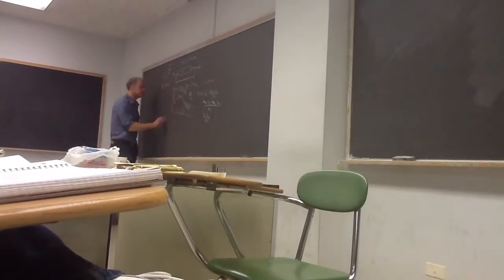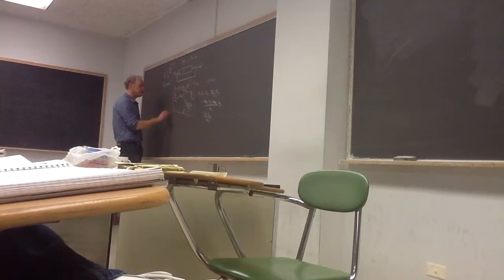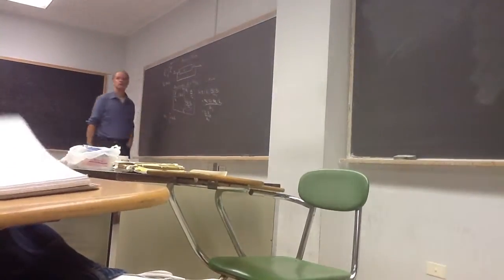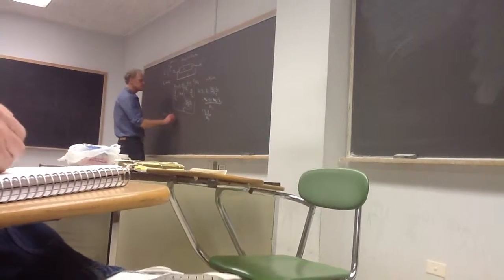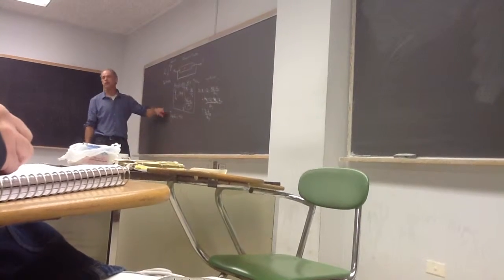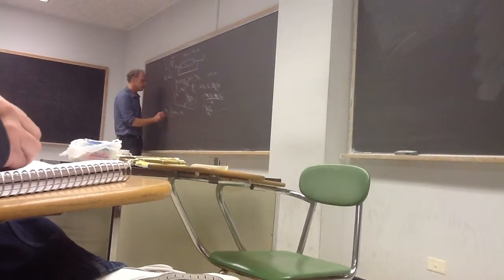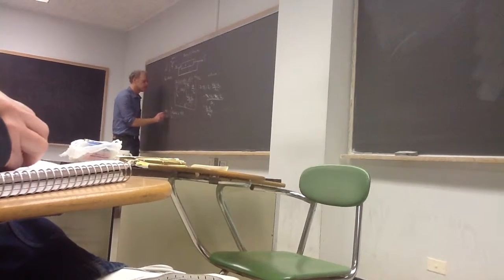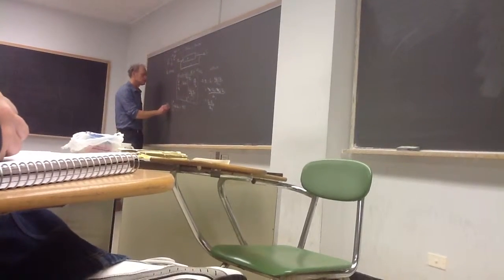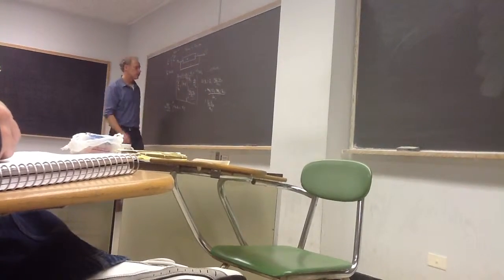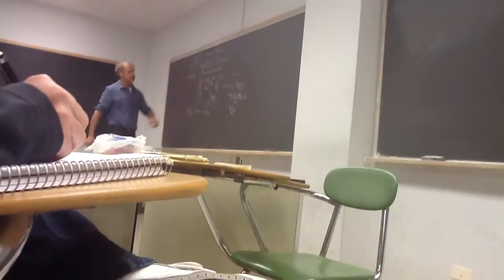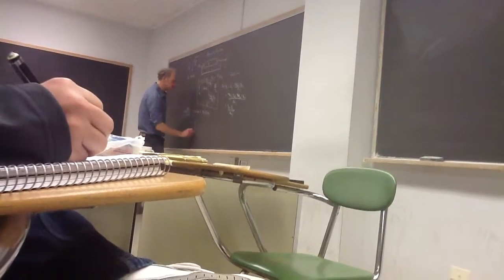The mean value theorem said the integral from a to b of f of x dx, the area under the curve, was equal to an average value, f of c, where c is some point between a and b, times b minus a, where f of c was an average value.